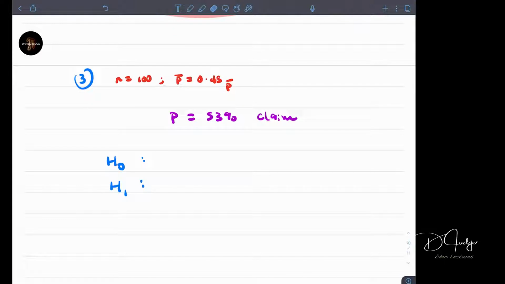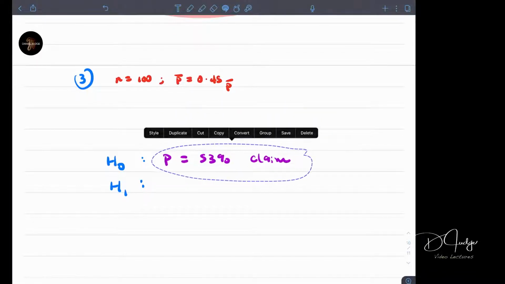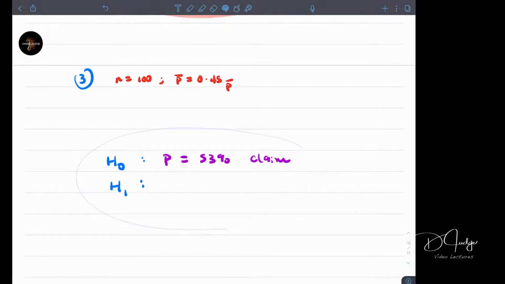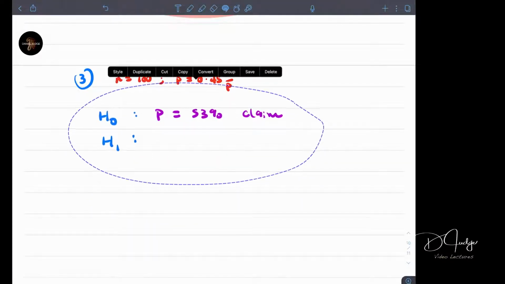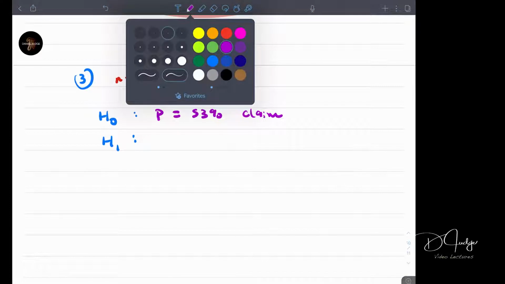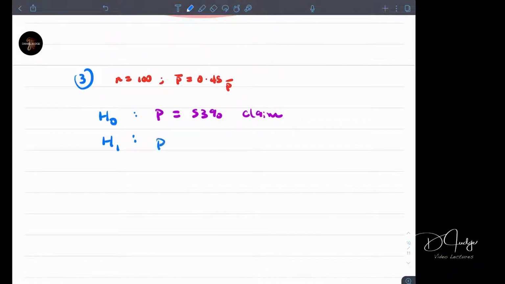Since it involves a condition of equality, this is a null hypothesis. All right. So remember, we need the logical opposite. Either P equals 53% or P does not equal 53%. This is setting up your hypothesis. Now we're really testing the claim, ladies and gentlemen.